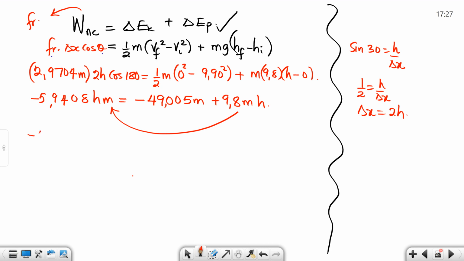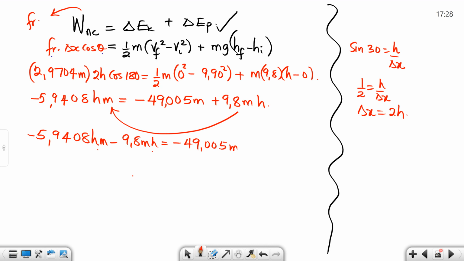It doesn't disturb us, right? But I would have removed it from the first. It's fine. It's okay. 9.8 mH equals what? Negative 4900 5 what? It's still there, M.